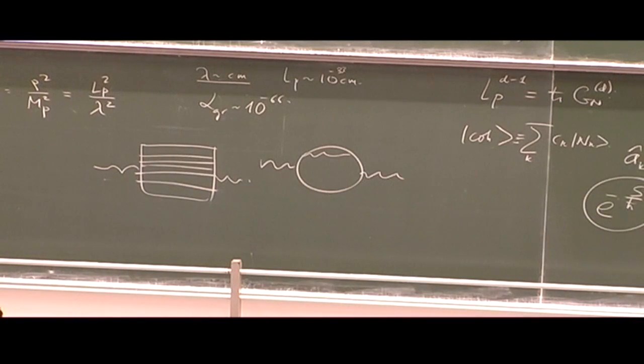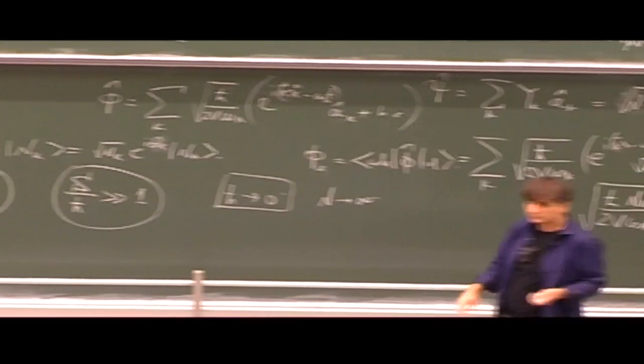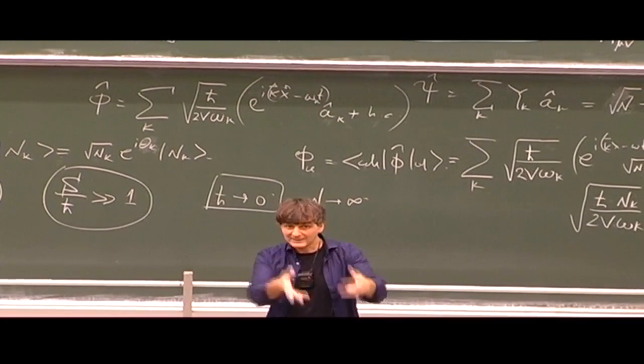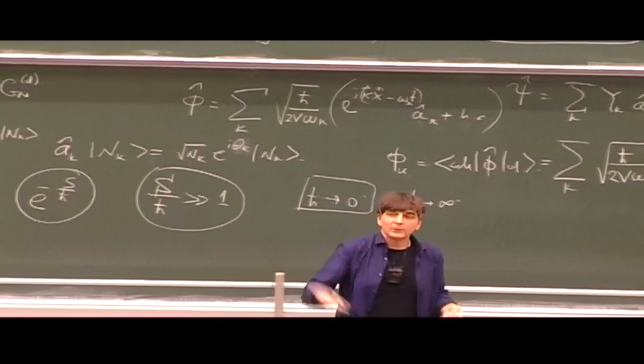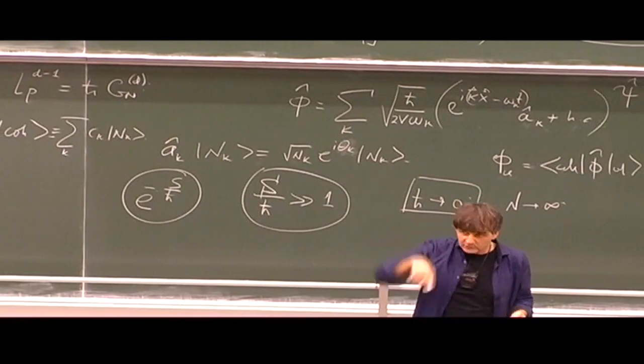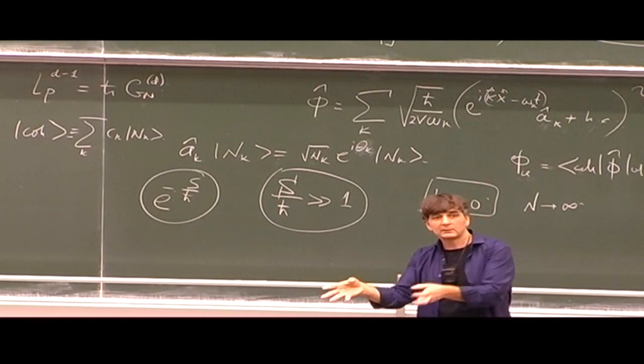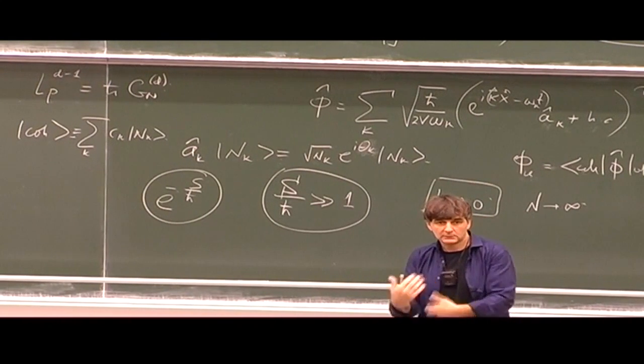So I don't want to enter. Okay, so this is the dictionary. The dictionary is that if we want to understand classical processes quantum mechanically, we have to resolve classical backgrounds as multi-particle states. That's the way to go.